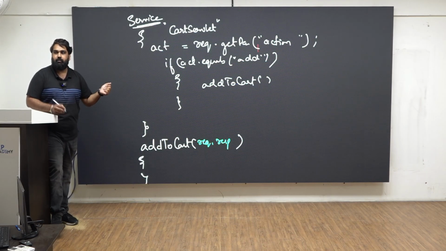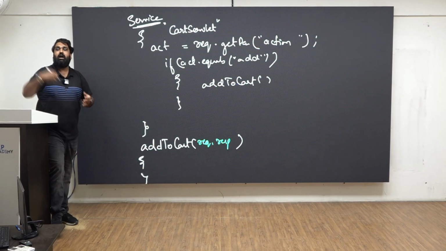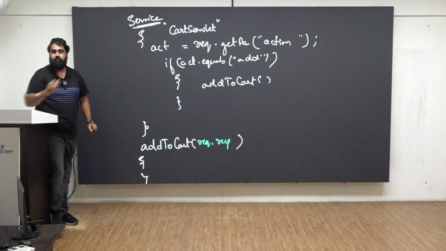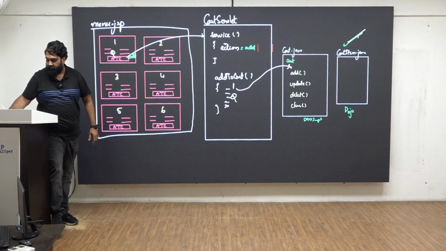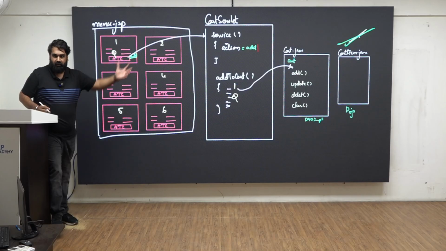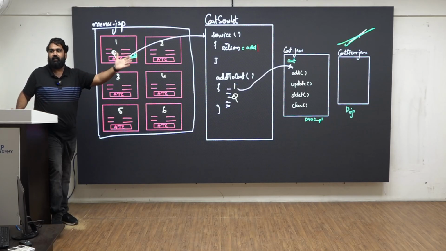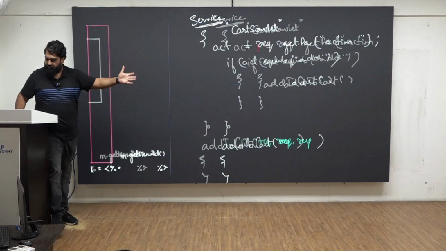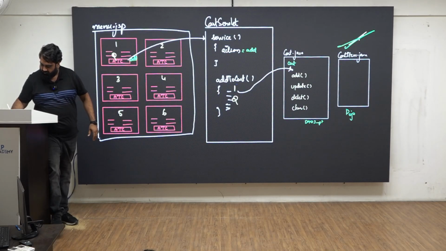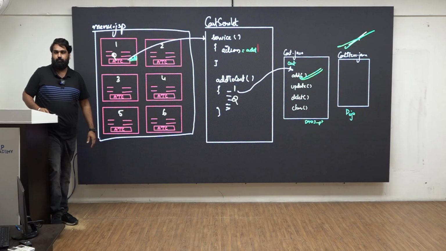I will get the item. I will add a quantity to the item and then create a cart item. I already have a class called the cart item class. I will get the item from menu item. I will create a cart item and then I will pass it to this method called the add method. I hope you are able to understand this.